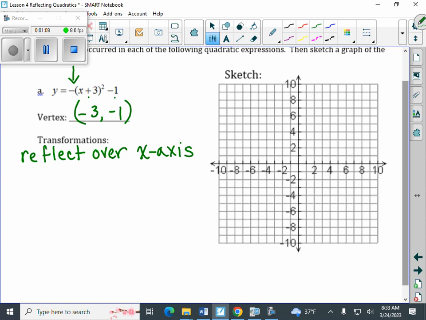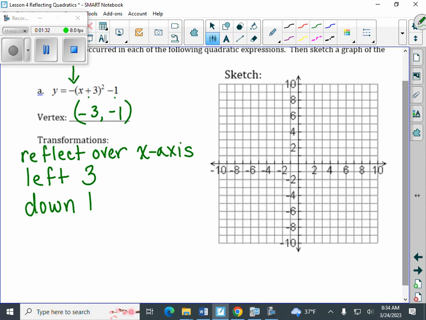The vertex, the turning point, -3, -1, tells us which direction to go. Because when we graph -3, we go left on the graph. And when we graph -1, we go down on the graph.